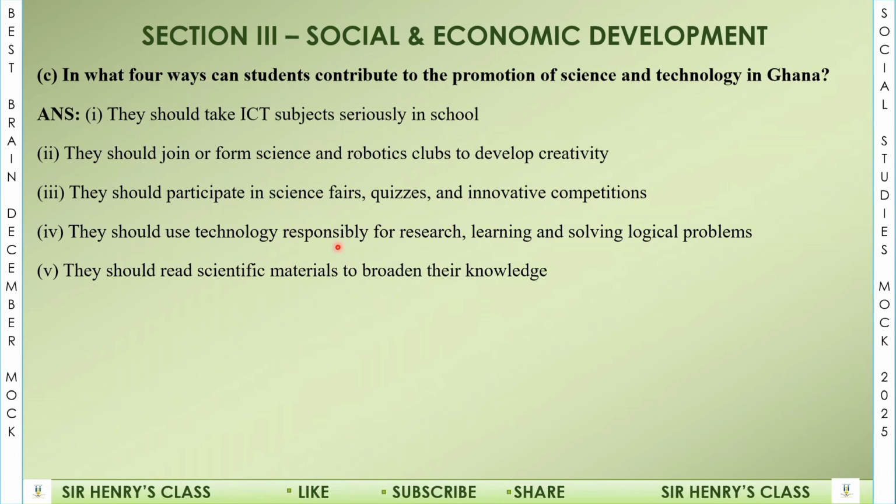They should use technology responsibly for research, for learning, and solving logical problems. They should read scientific materials to broaden their knowledge. So, these are some ways students can contribute to the promotion of science and technology in Ghana and in school.